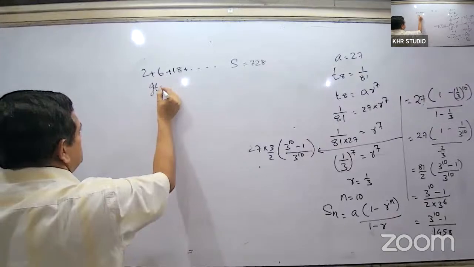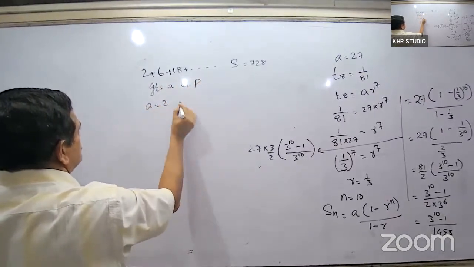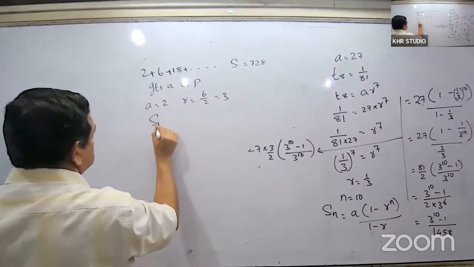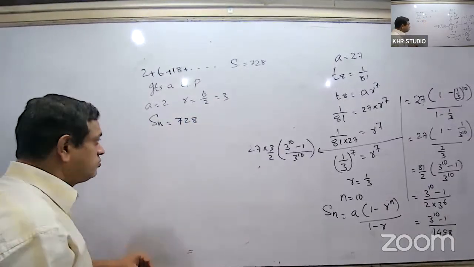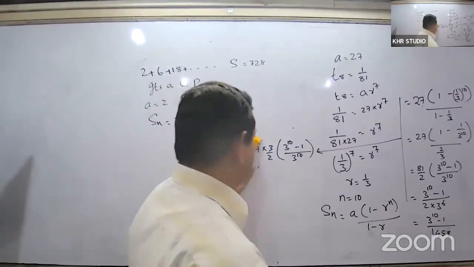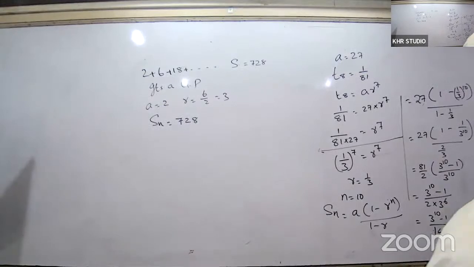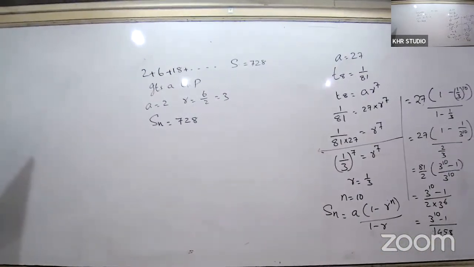First, it's a GP. A is equal to 2. R is equal to 6 by 2, which is equal to 3. Sn is equal to 728. Write the formula and substitute, all of you, and get the value of n. It won't be much complicated.